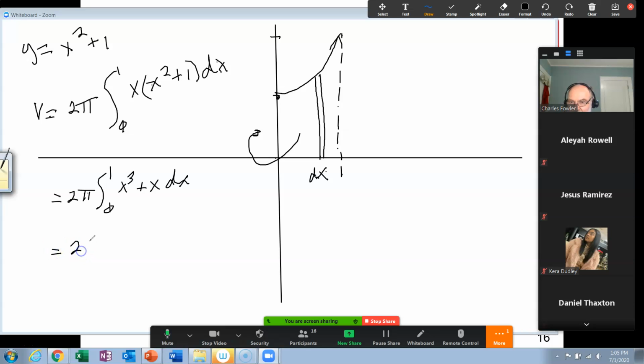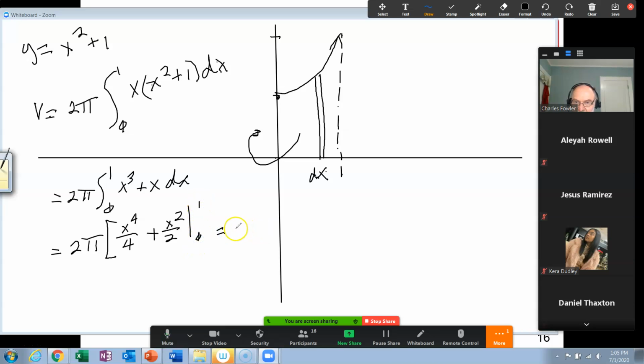The integration is the easy part. Setting it up, that's a little more. The integration is pretty easy. Antiderivative of x cubed. Hopefully all of you are yelling into your silent mics, x fourth over 4 plus antiderivative of x squared over 2, evaluated from 0 to 1.